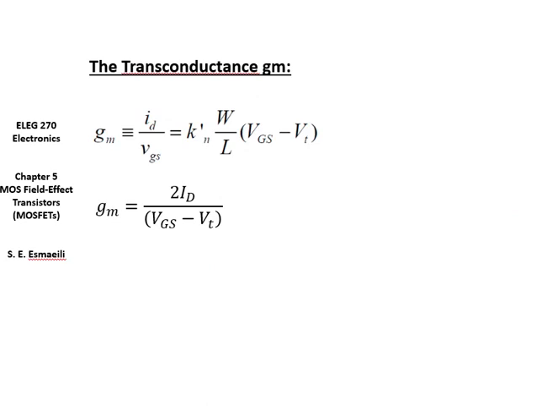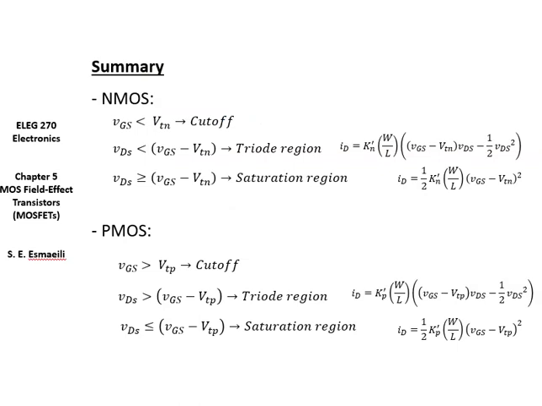So as we said, GM is simply K prime N W over L VGS minus VT, as simple as that, which, if you put it in the formula, will be equal to 2ID over VGS minus VT, right? Which formula? Just show you this formula that we talked about here, right?